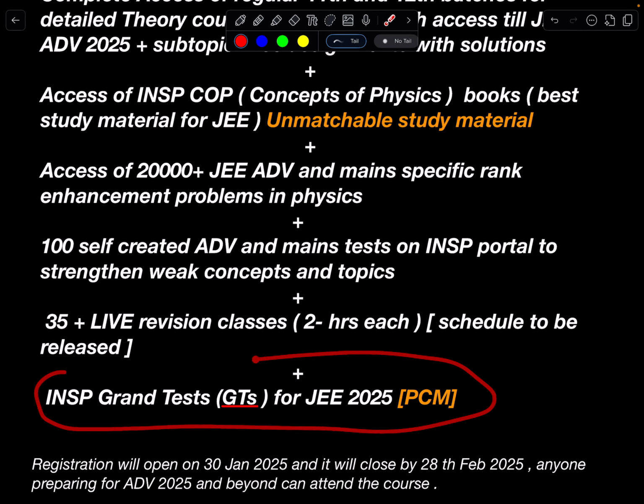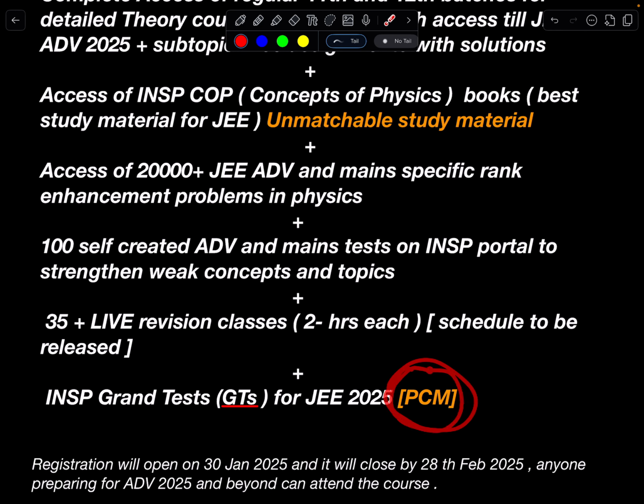It will happen in all three subjects, PCM, so you get a better idea of your performance. For physics, I'll be making the paper. For chemistry, sir will be making the paper, and for maths, I'll take help of some of my faculty friends.